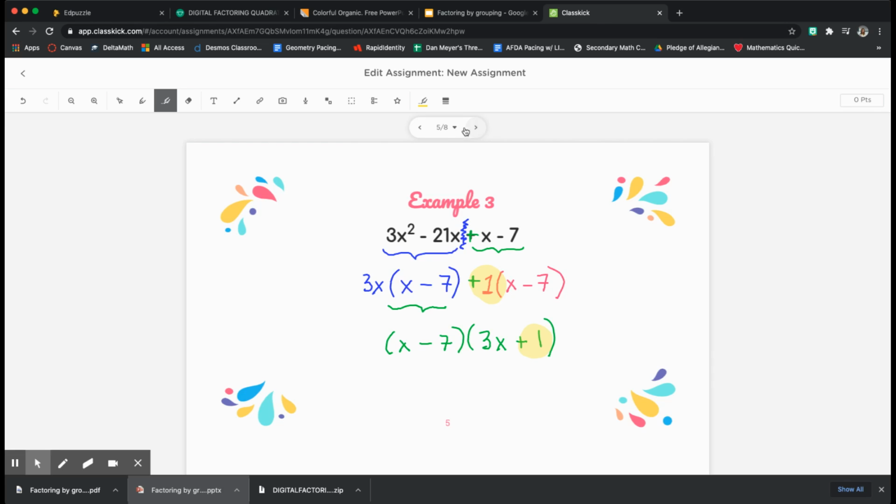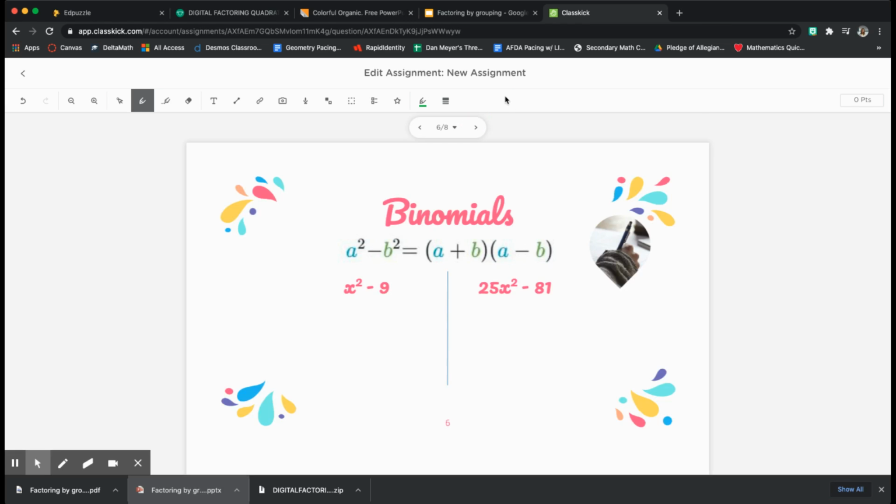All right, so that's the new stuff. And this we use, again, when we have 1, 2, 3, 4 terms. I just want to take a quick chunk of time to remind you, we've already done binomials. So remember, binomial means we have 2 terms, okay? So with 2 terms, the first thing I want you to look at is, is it a difference of perfect squares?